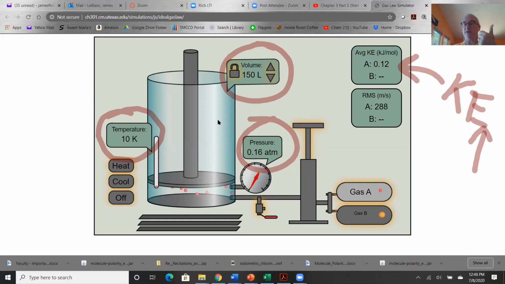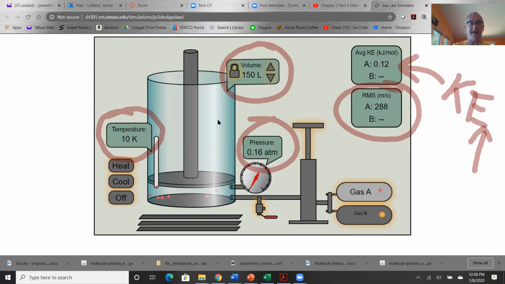That's basically going to be a measure of how much energy I'm putting into the system by increasing or decreasing the temperature. When I increase the temperature, the kinetic energy is going to go up. When I decrease the temperature, the kinetic energy is going to go down. And this is going to be measuring the actual speed of the molecules in meters per second.